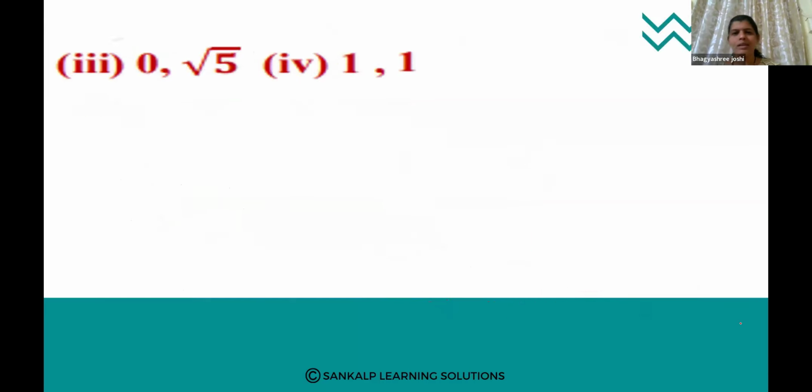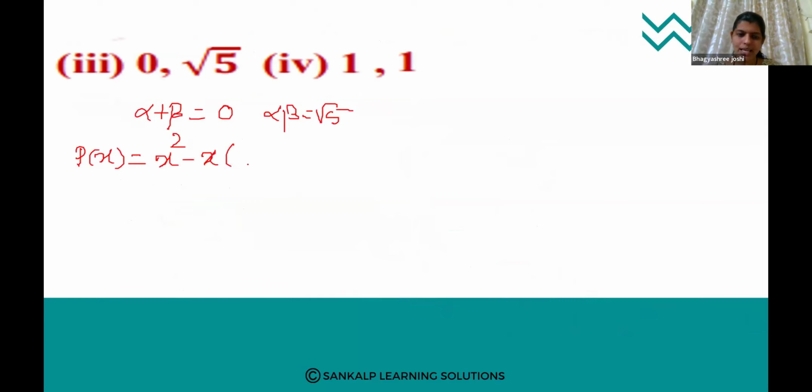Next problem. Okay. So this is a very simple problem. Here only the numerator is there, there is no denominator. So directly we can solve: alpha plus beta equal to 0. Alpha into beta is root 5. So what is our expression? P of x equal to x square minus x into alpha plus beta plus alpha into beta.